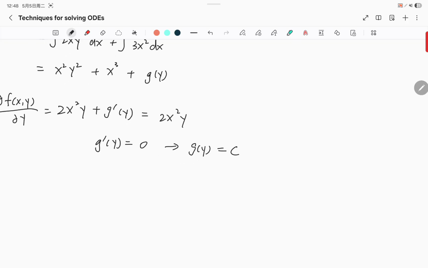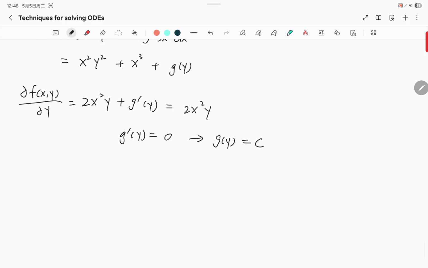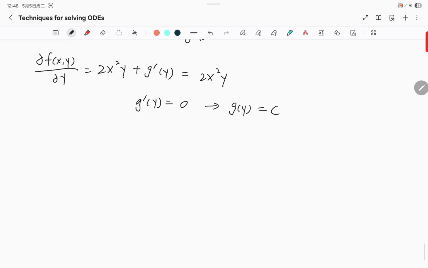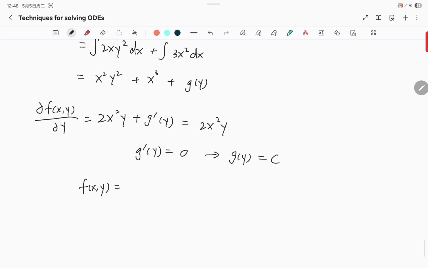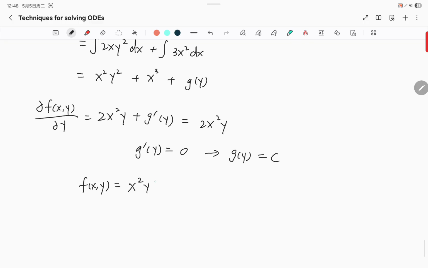You got 0, integrate it, you got C. So in the end, you don't have to write y is equal to blah blah blah. You can simply write f of x y is equal to this, because we just found that g of y is just, sorry, g of y is just C. Voila.